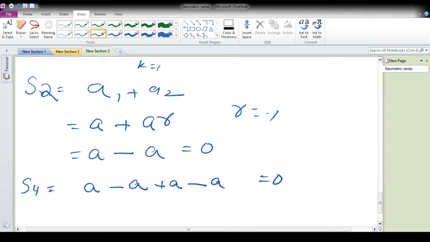So generally we can say in the case of the geometric series, the partial sum Sn equals 0 if n is even and a if n is odd. Is it right?